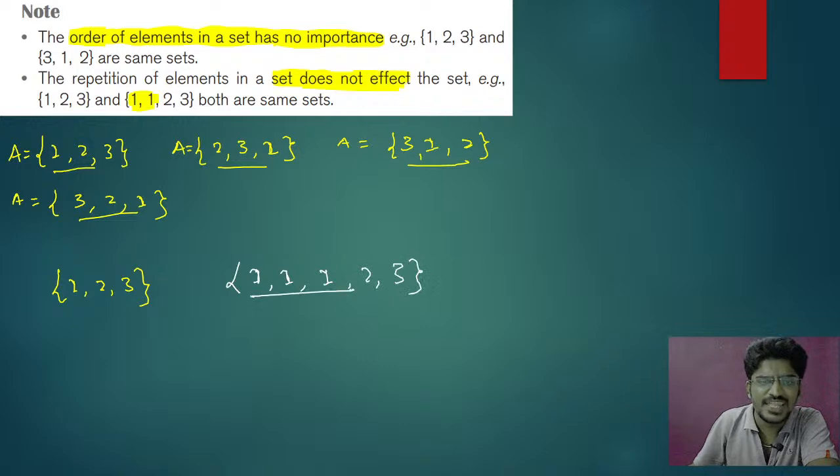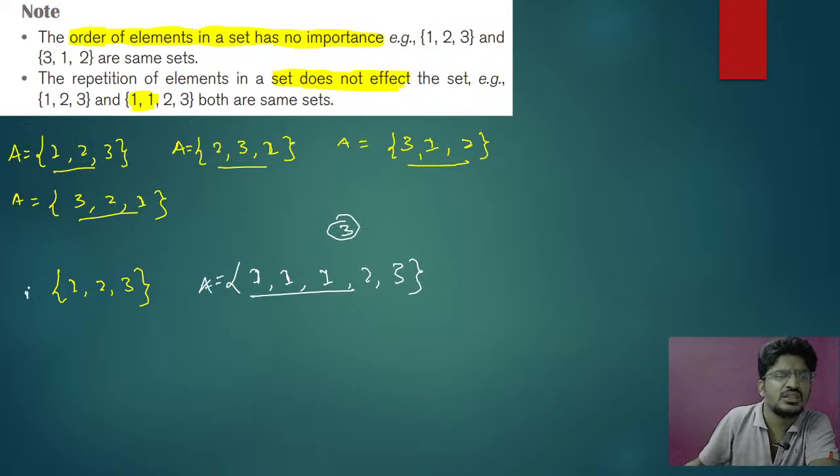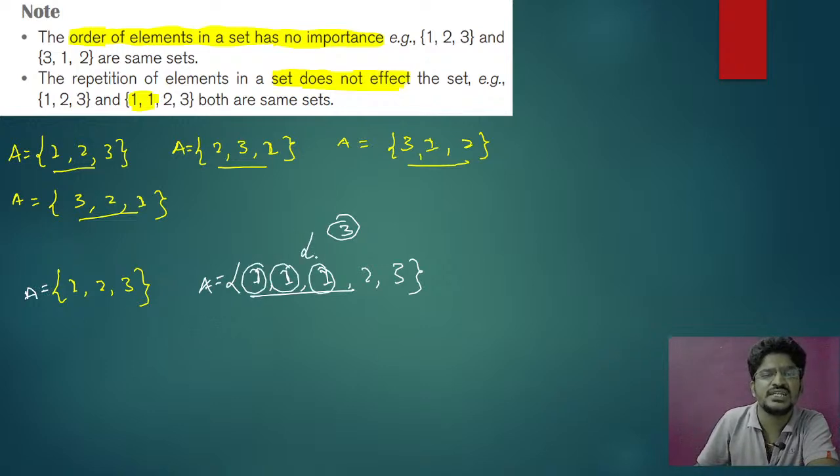If you repeat the elements, the count is not going to be 5. It is the same as 3. Here this is set A, this is set A. Both the A's are equal, because if you repeat the elements, it doesn't have any meaning.